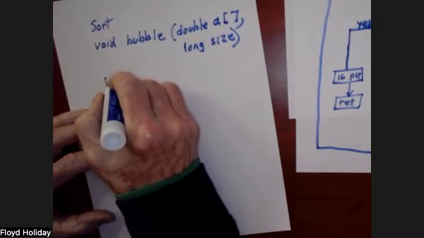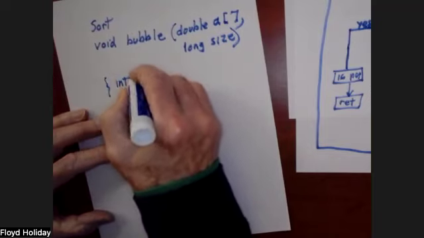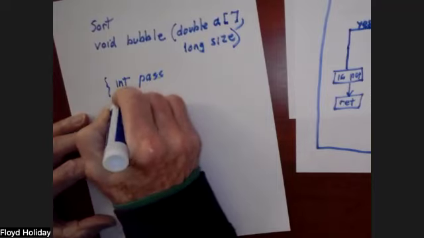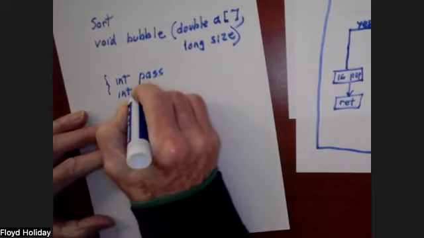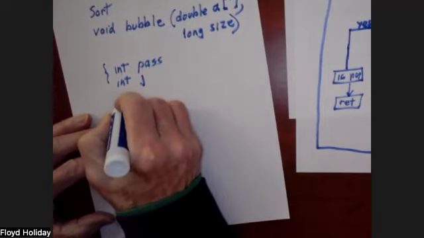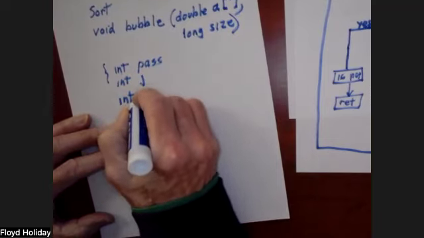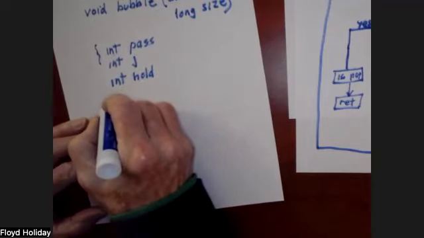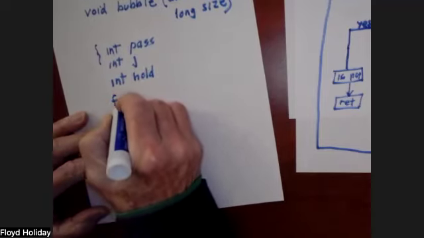They declared integer pass, integer j, integer hold. And then there were two for loops, one inside of the other.